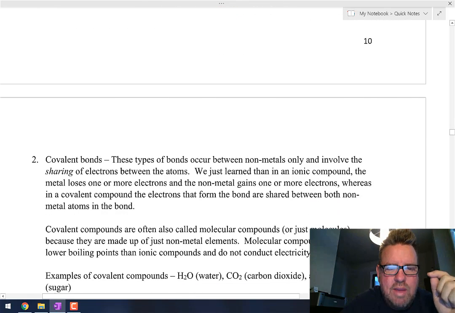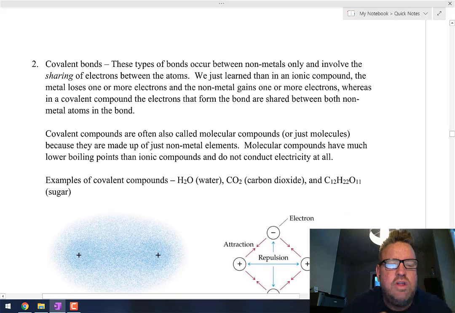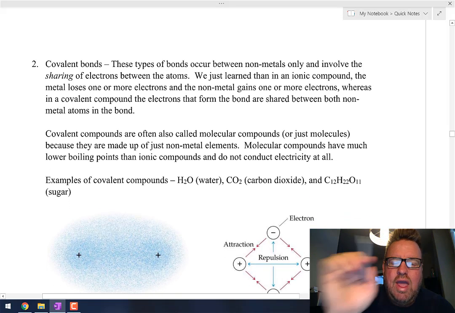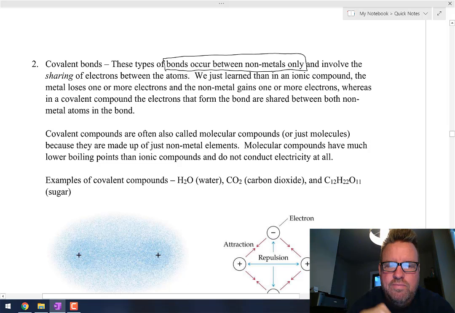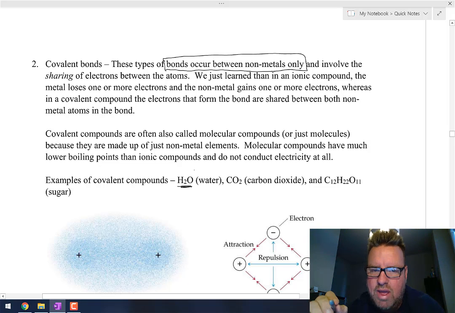Okay, the second type of bonding that we're going to discuss is what's called covalent bonding. Okay, and the big difference between ionic and covalent is these bonds occur between non-metals only. Okay, so for example, water, remember hydrogen's a non-metal. Hydrogen and oxygen are both non-metals.